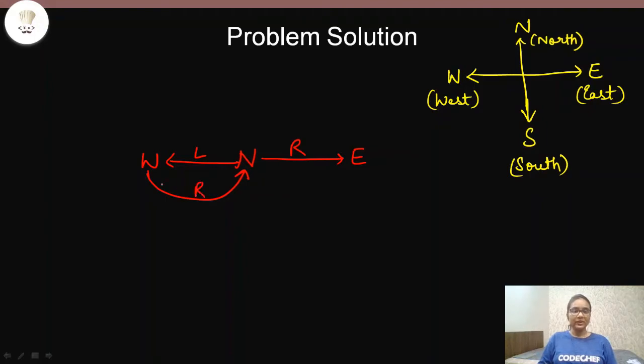So let's write down right here: from west, a right turn goes to north. Now what will happen if it is a left turn from west? It will go to south. So let us write down S here, for south.